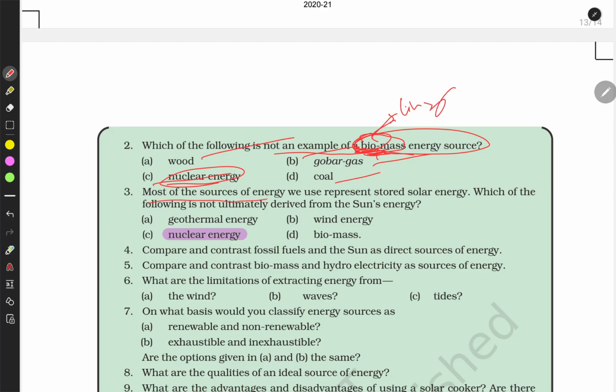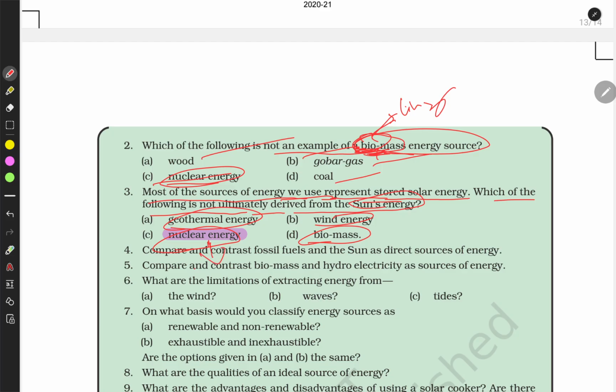Most of the sources of energy we use represent stored solar energy. Which of the following is not ultimately derived from the sun's energy? These are biomasses, ultimately derived from the sun's energy, and nuclear energy is the only one which is not.